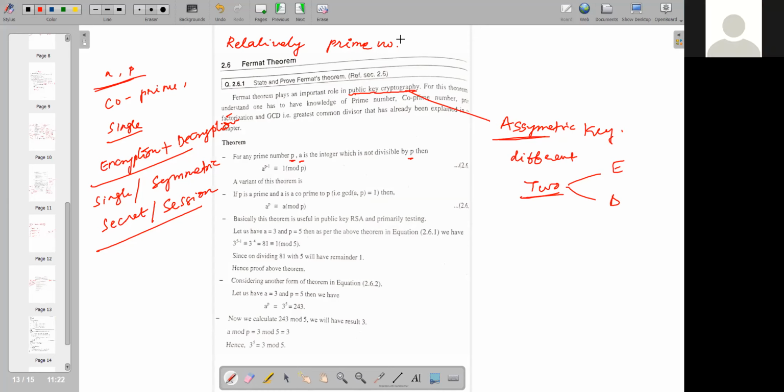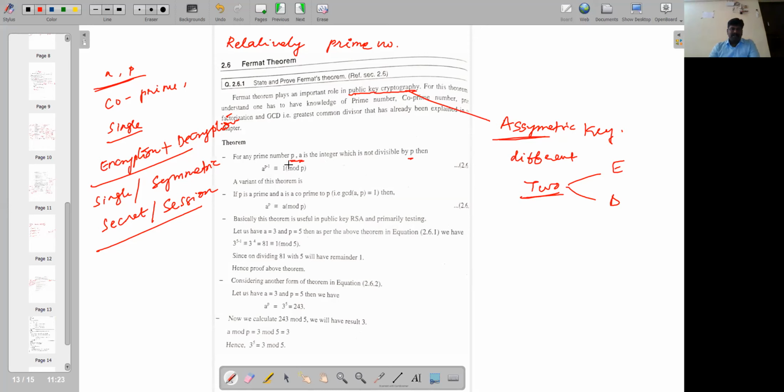Two numbers which don't have any common factor except one. Yes. When we talk about co-prime or relatively prime numbers, those two numbers should not have any common factor except one. In that case, these two numbers can be called co-prime or relatively prime numbers. So a prime number p and a should be selected in such a way that these two numbers are co-prime or relatively prime, right?